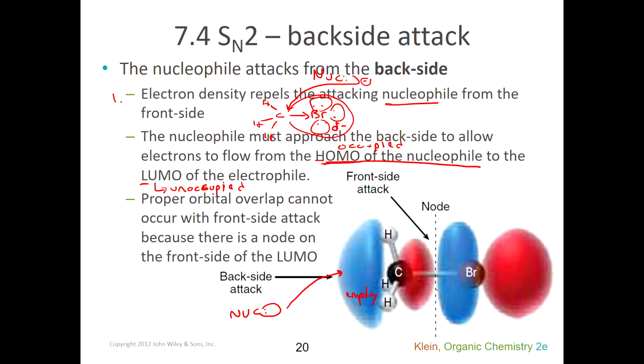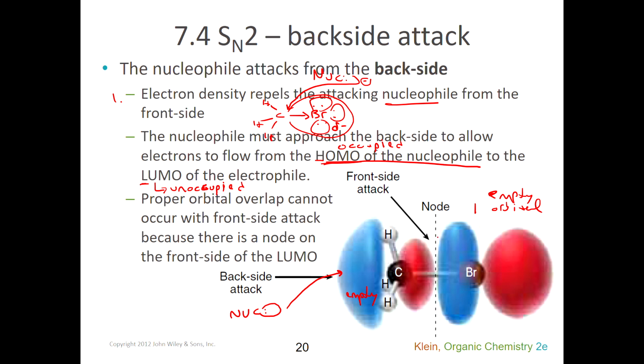So that's what we're seeing here. These red and blue areas represent one orbital. That orbital is empty. That empty orbital represents the area where electrons from the nucleophile can come in and overlap.